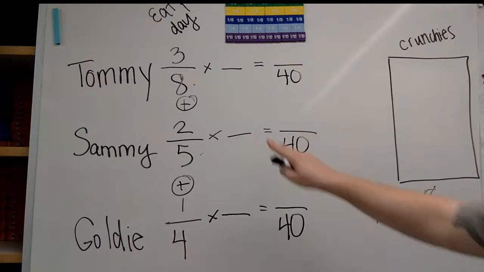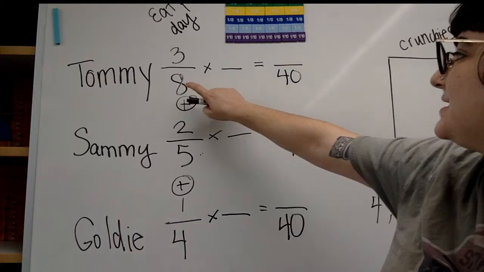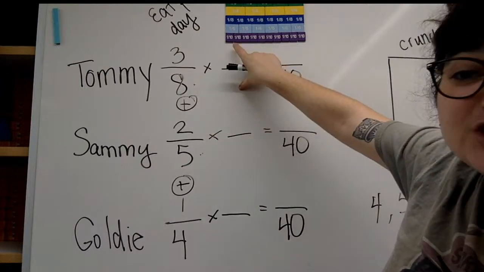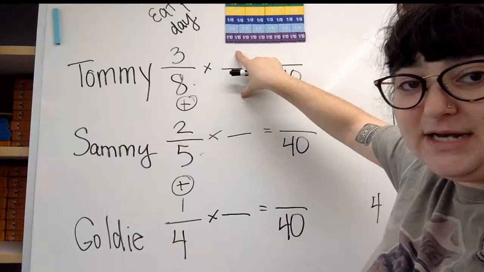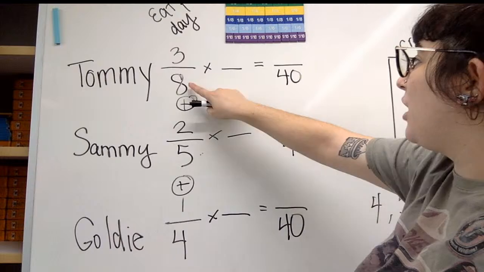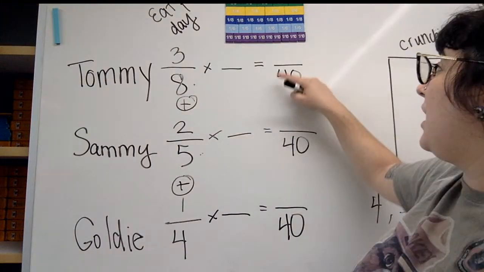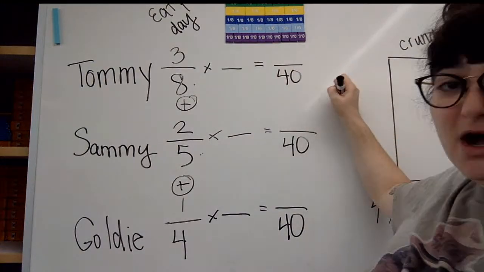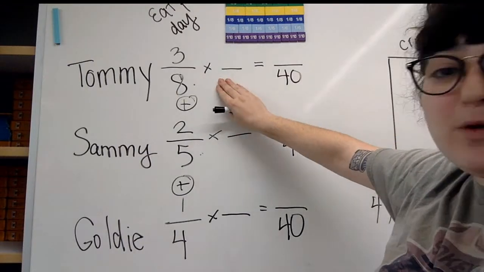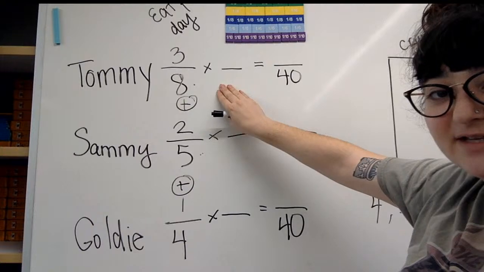Now, once you figure out what times this denominator gives you 40, remember that you need to match the numerator and the denominator, because even though we are making a smaller piece, we are only still multiplying this by 1, so nothing is changing about this fraction.